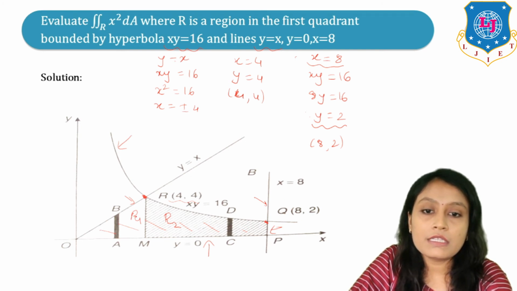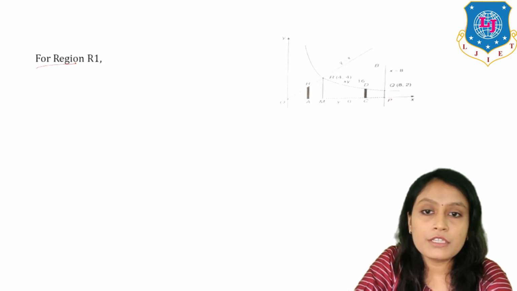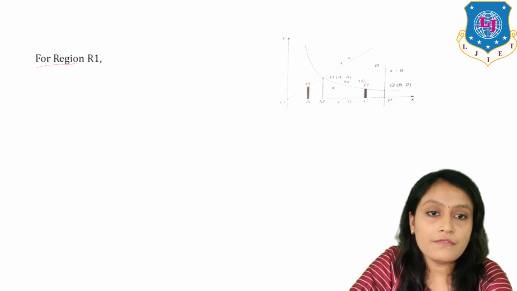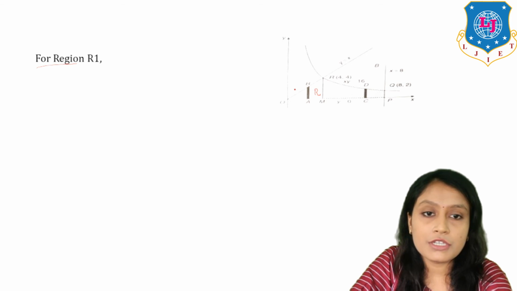Now we will evaluate this integration over the region R1. For region R1 we have this graph and this is the region R1. Now to cover this region R1, we have a strip, the AB strip. This is a vertical strip.